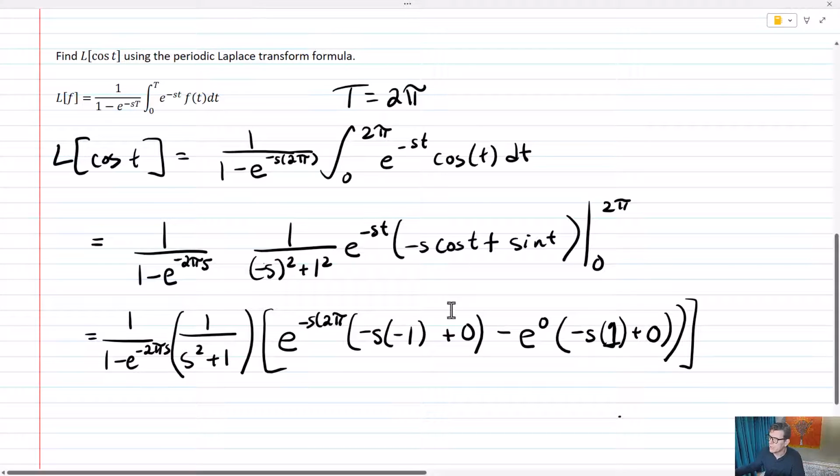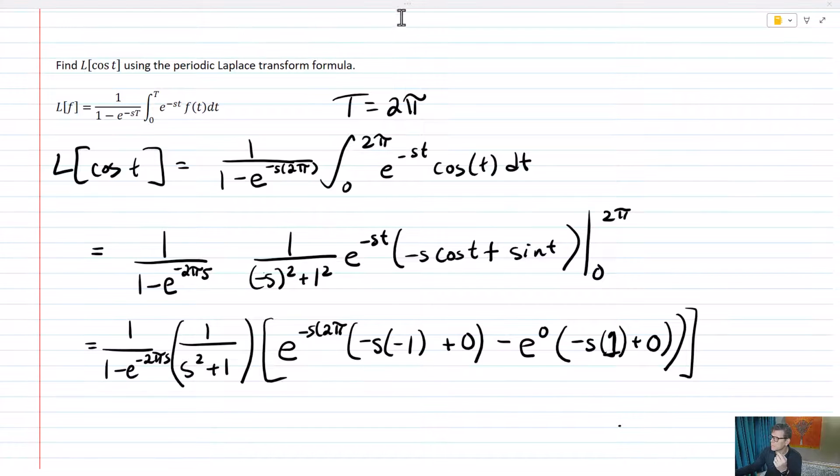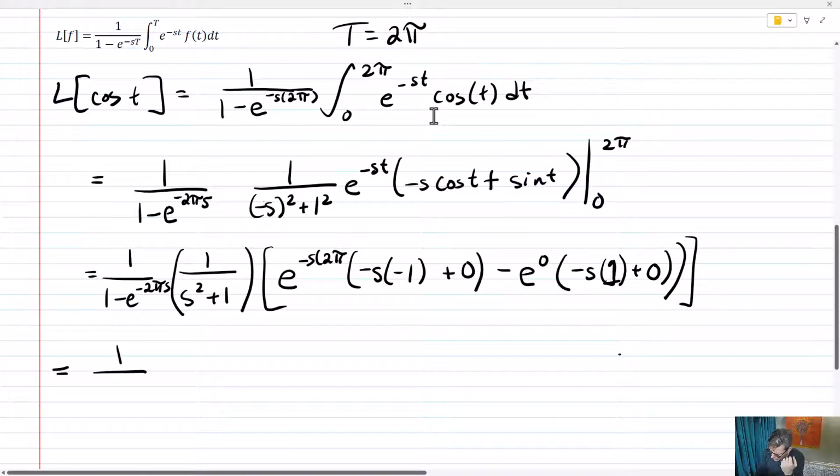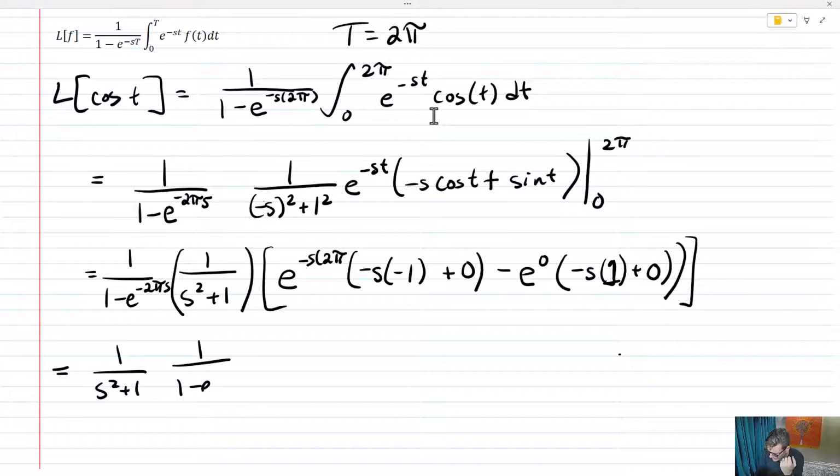And then we're going to do a little algebra. This then gives me 1 over s squared plus 1. And I'm going to move in the 1 over 1 minus e to the negative 2 pi s, times negative s e to the negative 2 pi s plus s.